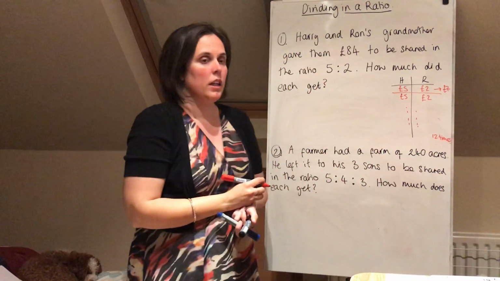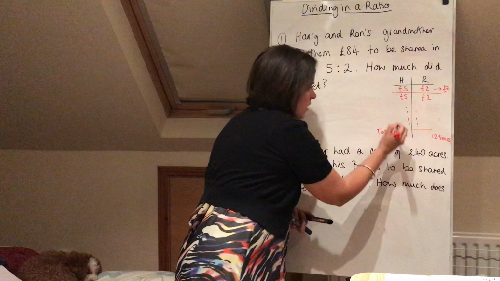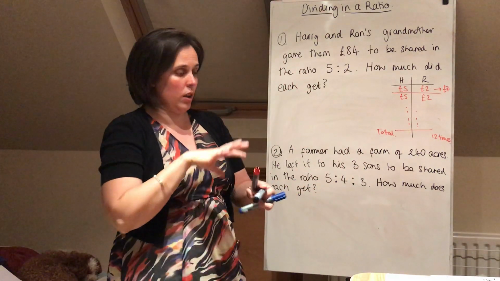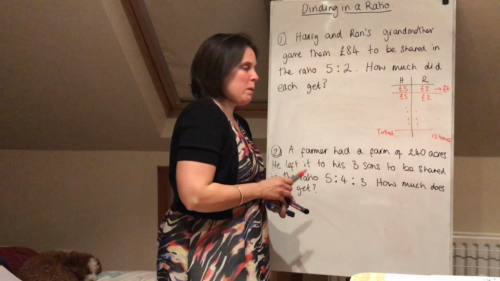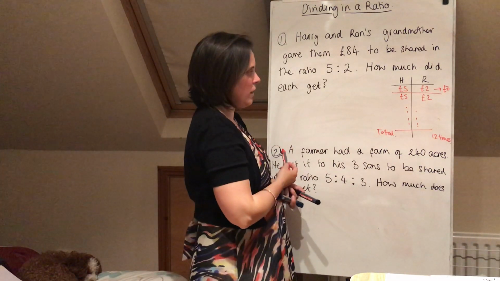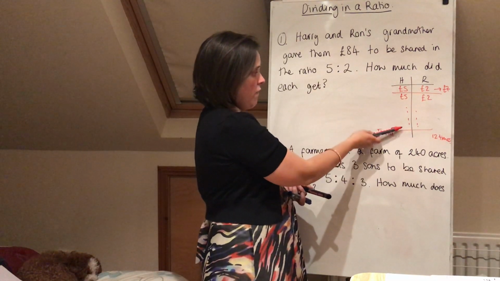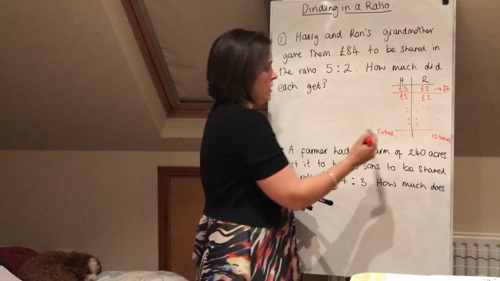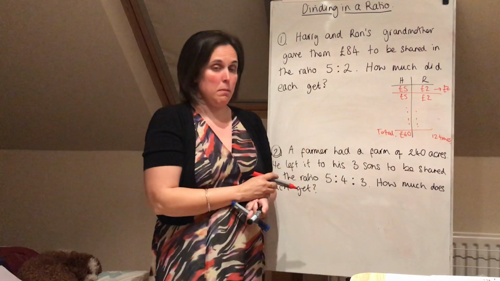Now if we do that 12 times, we can then think about the total. You can try this yourself at home, with counters or beads or something. If that happens 12 times, then we're going to have £5 12 times. So that's 12 lots of 5, which is £60.